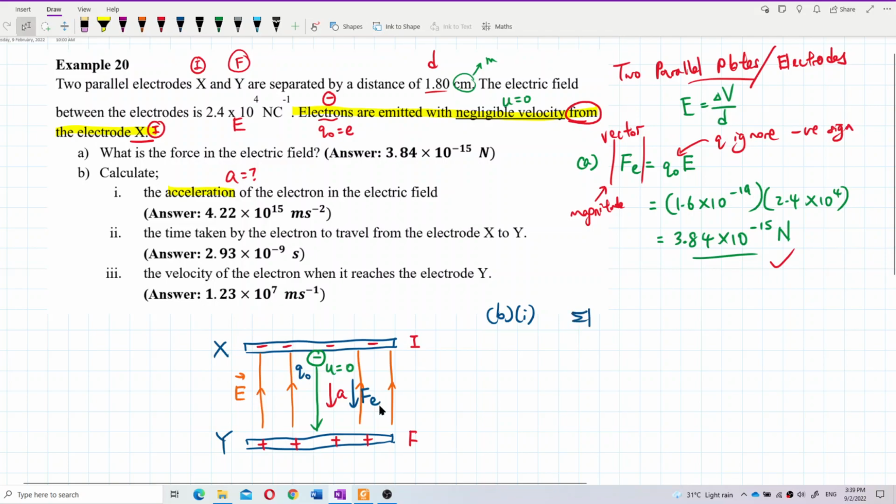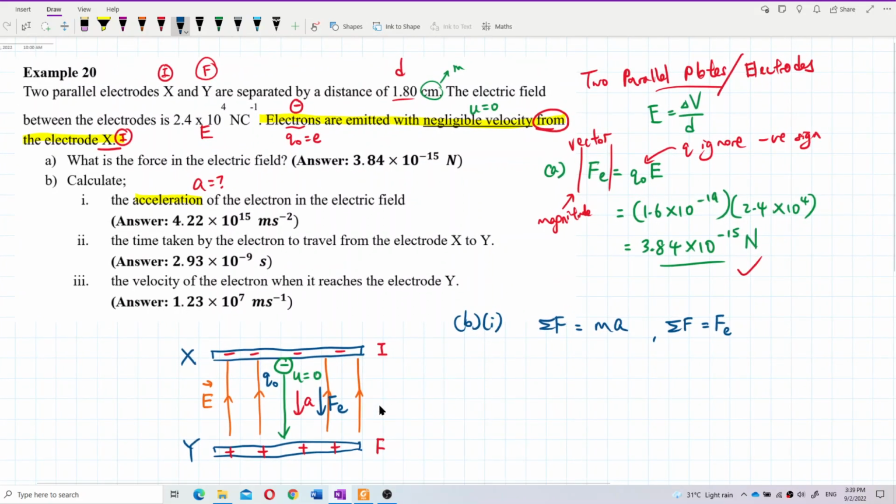So total force equals ma, and the resultant force acting on the charge is only the electrostatic force. There's no gravitational force, because mass is not mentioned, so gravitational force can be ignored. So the electrostatic force equals the mass of the electron times a. I can find the acceleration using the electrostatic force divided by the mass of the electron.